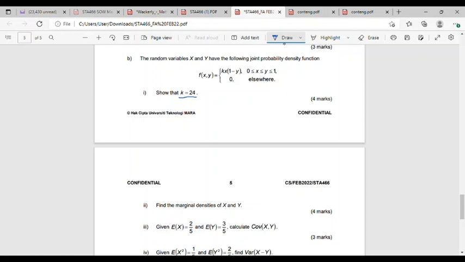But before that, we should sketch the graph for the interval of this function. Okay, we will have this line because of this restriction, x less than or equal to y.